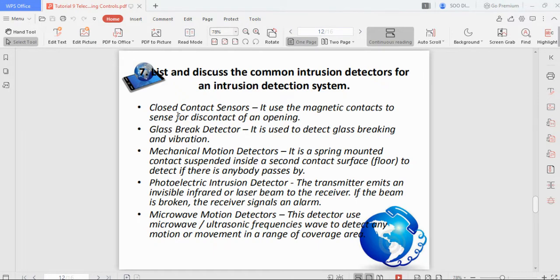One of them is a close contact sensor. Second is a glass detector, then mechanical motion detector, photoelectric intrusion detector, and microwave motion detector. All of these have different methods to detect that there's an intrusion into the building.